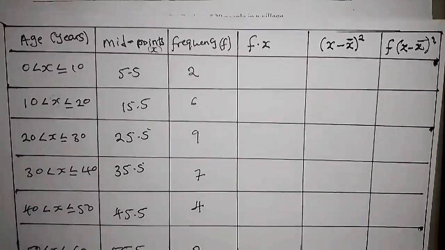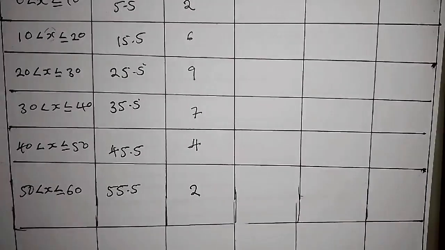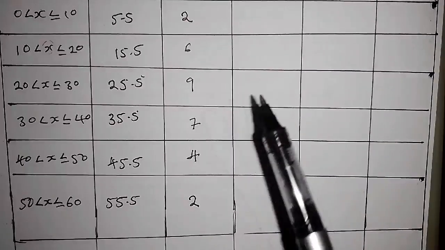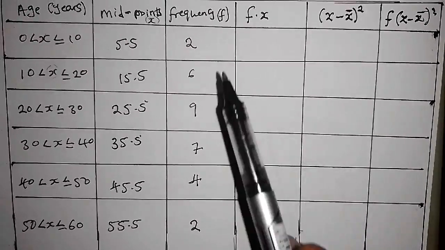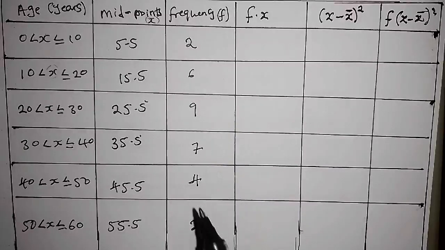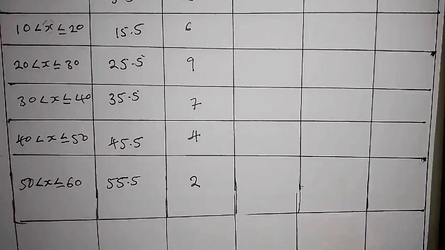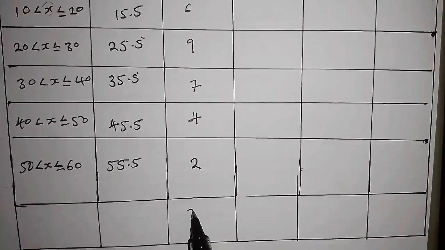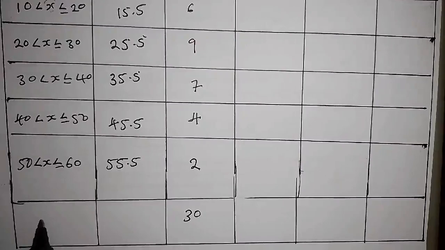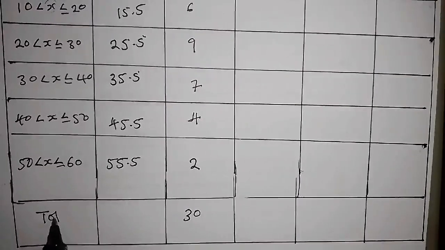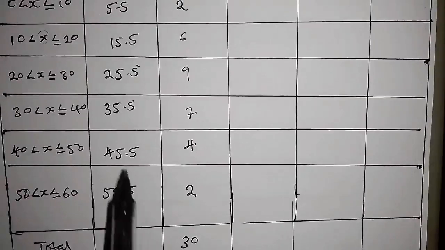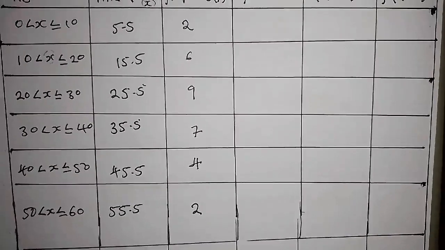So when you add these numbers in the frequency, 2, 6, 9, 7, 4, 2, you must be able to get 30. This last one is what I just included as an extra for total. For the midpoint values, you don't need the total.